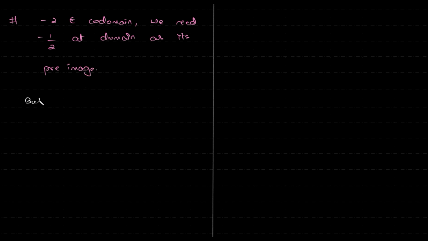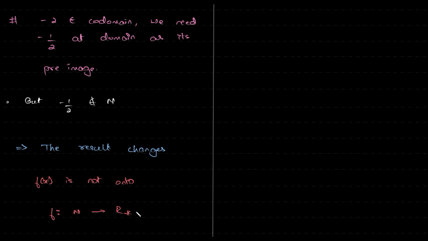But minus half is not part of your natural numbers. So from this I can infer that the result changes. It's not onto anymore. So f of x is not onto when you have a function mapping natural numbers to non-zero real numbers.